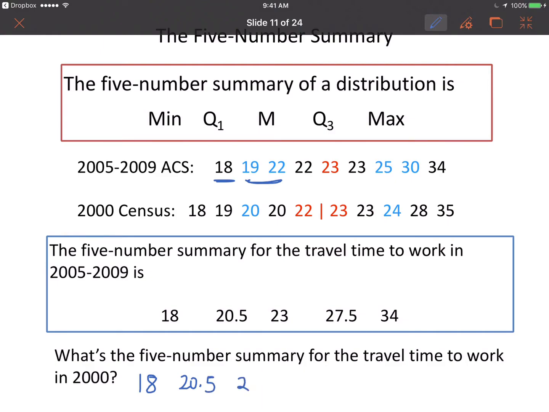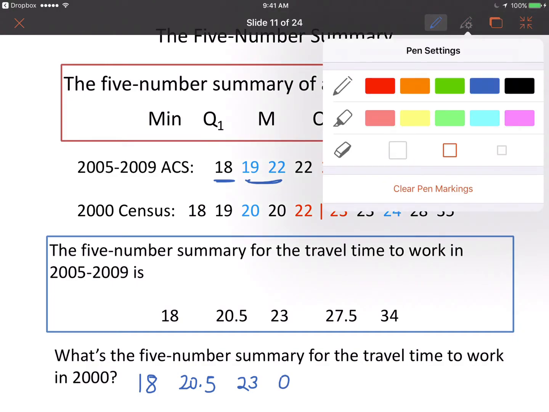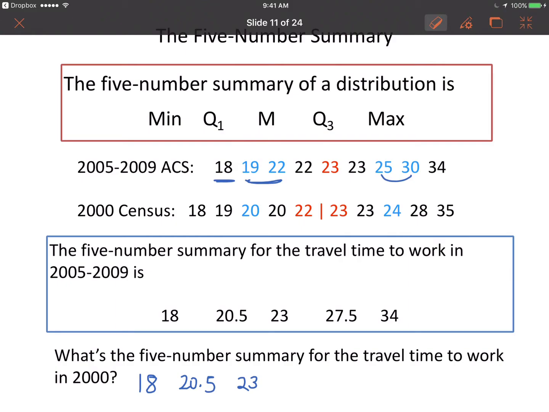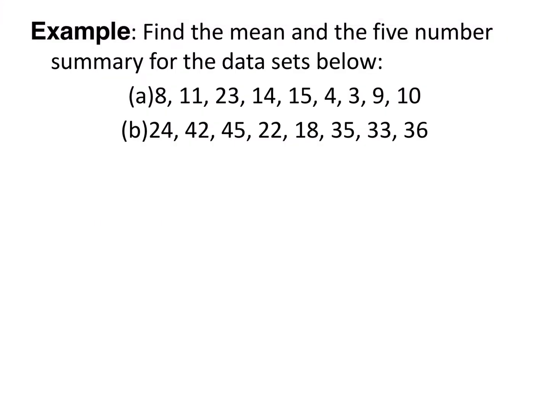M was 23. And Q3 was 27.5. And finally, the max you can see is 34. So there's your 5-number summary for the travel time to work in 2000.